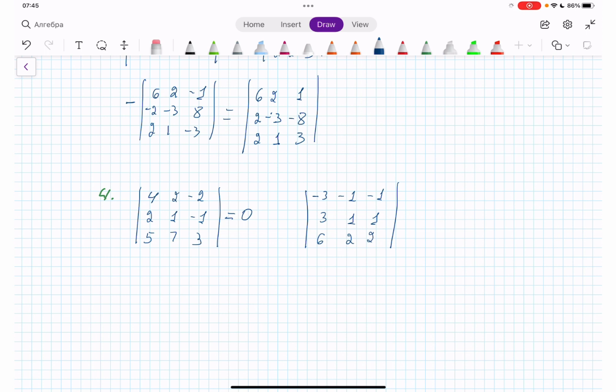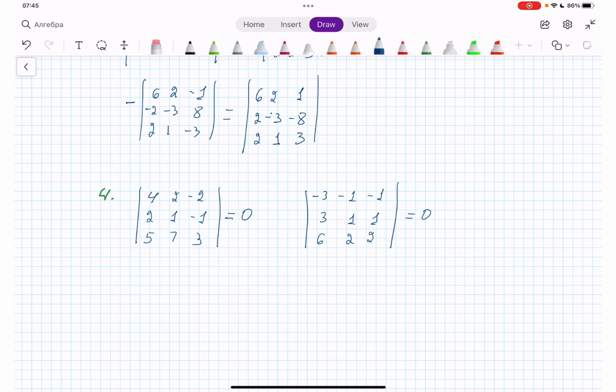The 3 columns are proportional. Look at that. All 3 columns are proportional. So if I reduce the first column, dividing by 3, I will get the determinant of a matrix where all 3 columns are equal, or in this case proportional, and hence the determinant is going to be 0.